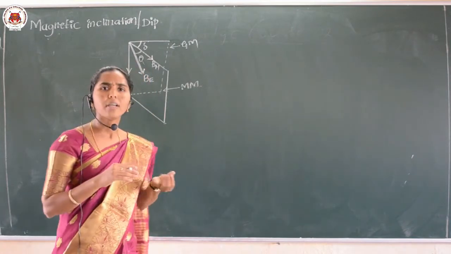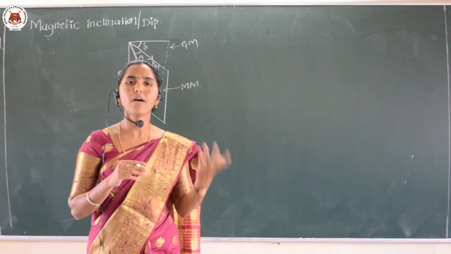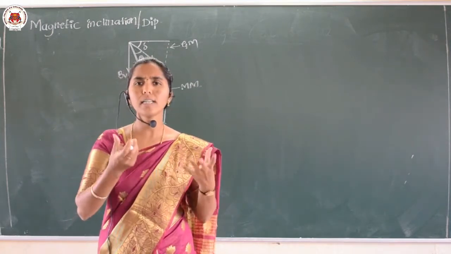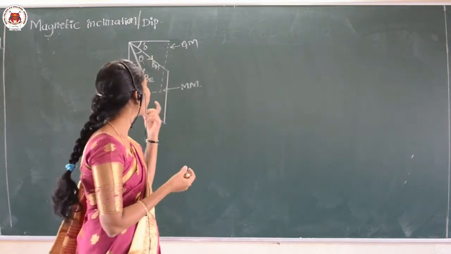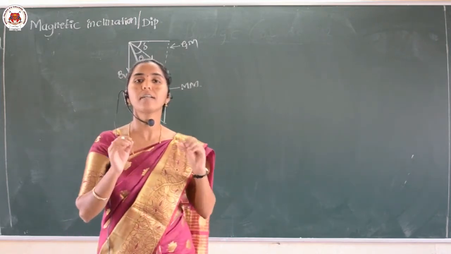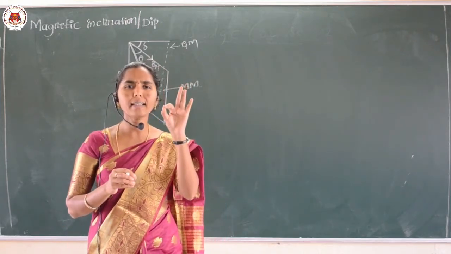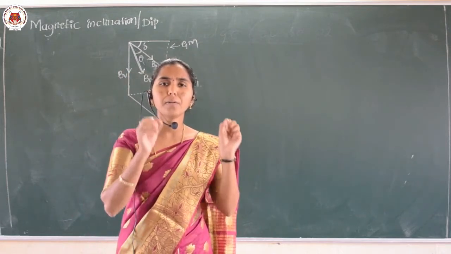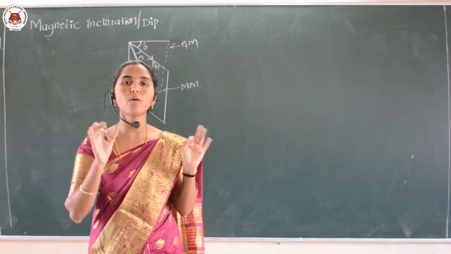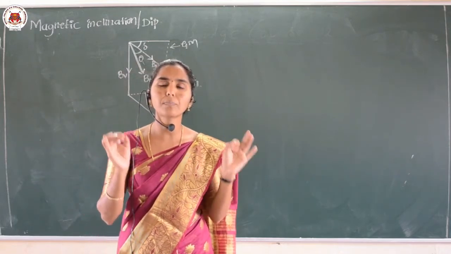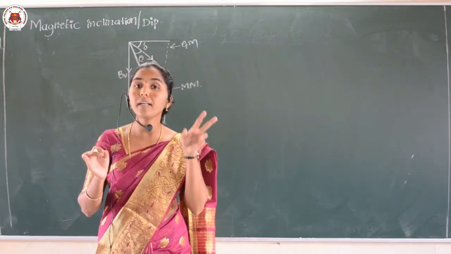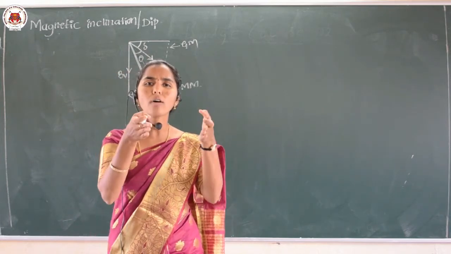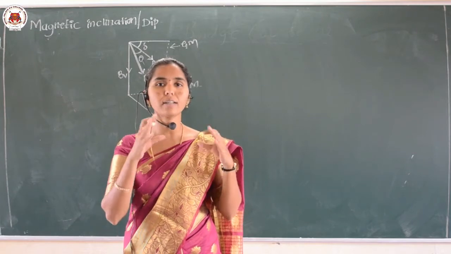Then you can also give another definition for this. The magnetic inclination or the dip is the angle made by the magnetic north pole, when suspended freely dips down, with the horizontal component of the earth's magnetic field.